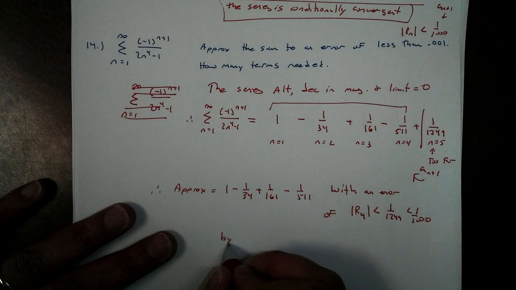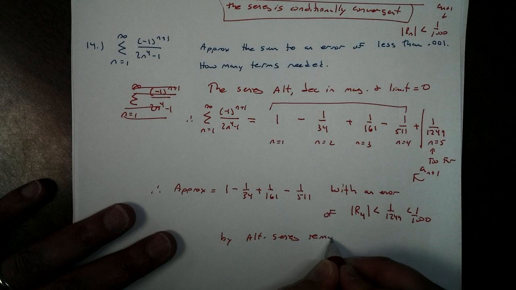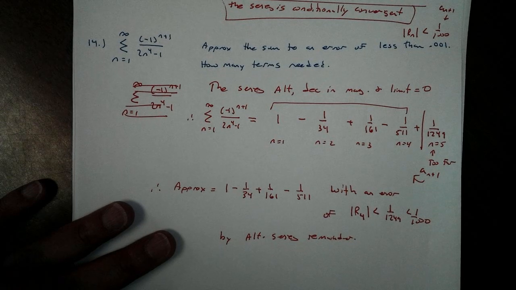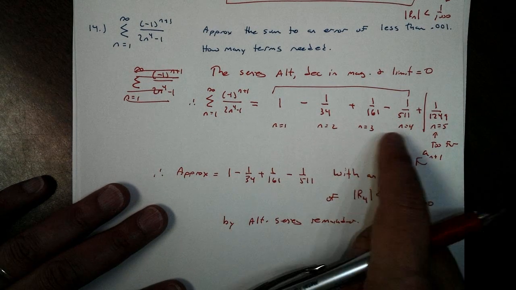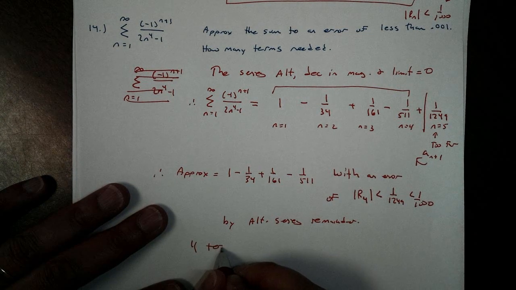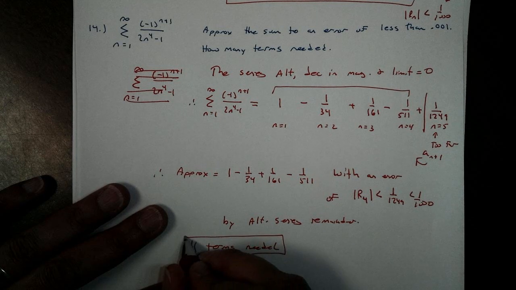And you can say, by the alternating series remainder. And there's our answer. The last question, how many terms do we need? Well, that's obvious: 1, 2, 3, 4. Four terms were needed to be that accurate. That's all we had to go out.